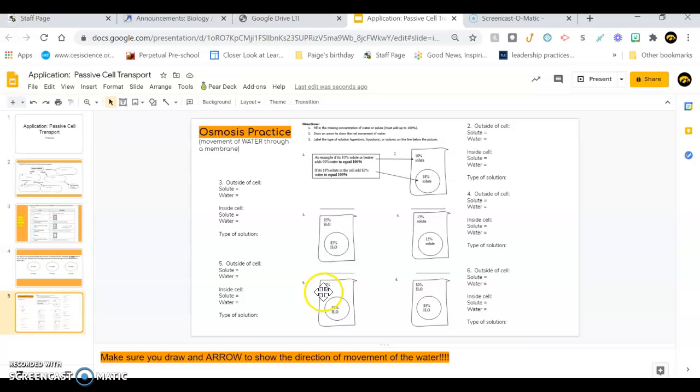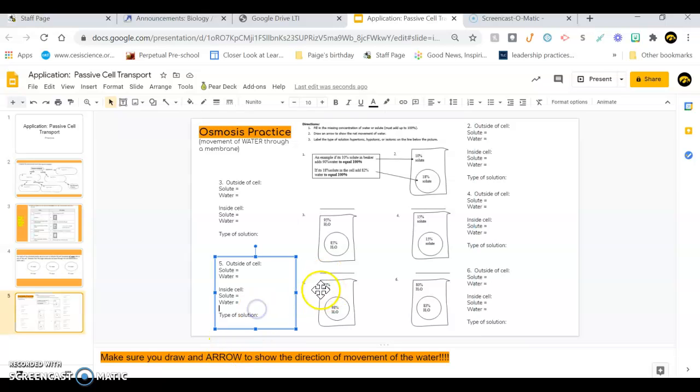In number 5, it says that there is 95% water on the outside of the cell and 98% water on the inside of the cell. So we can go over here. It says outside of the cell. We already know there is 95% on the outside of the cell there. And then we know that on the inside of the cell, there is 98%.